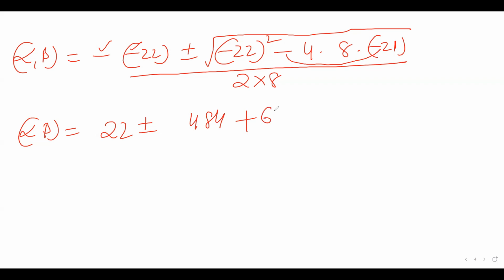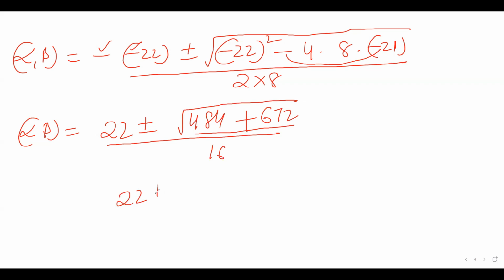I am getting 672 by 16. On adding these two in the numerator, what would you get? 22 plus or minus square root of 1156 by 16.